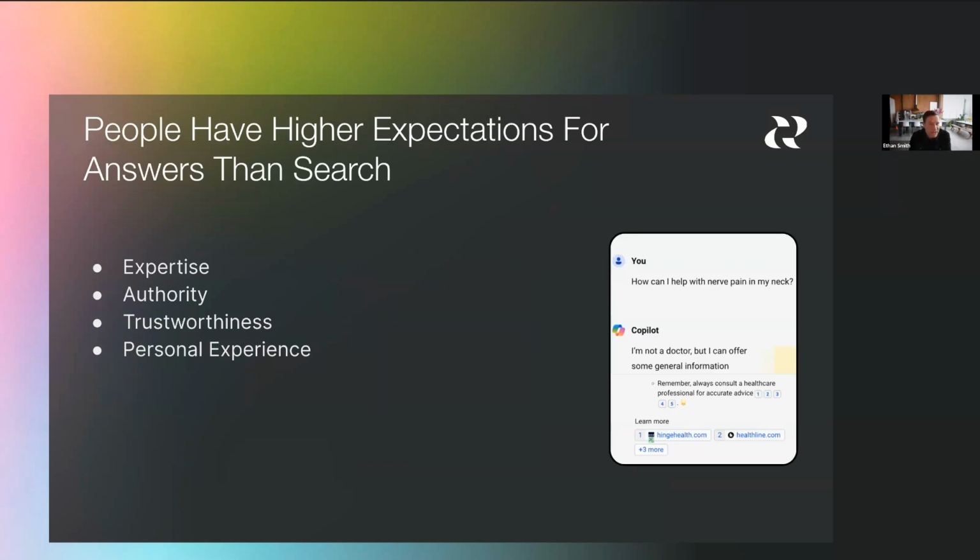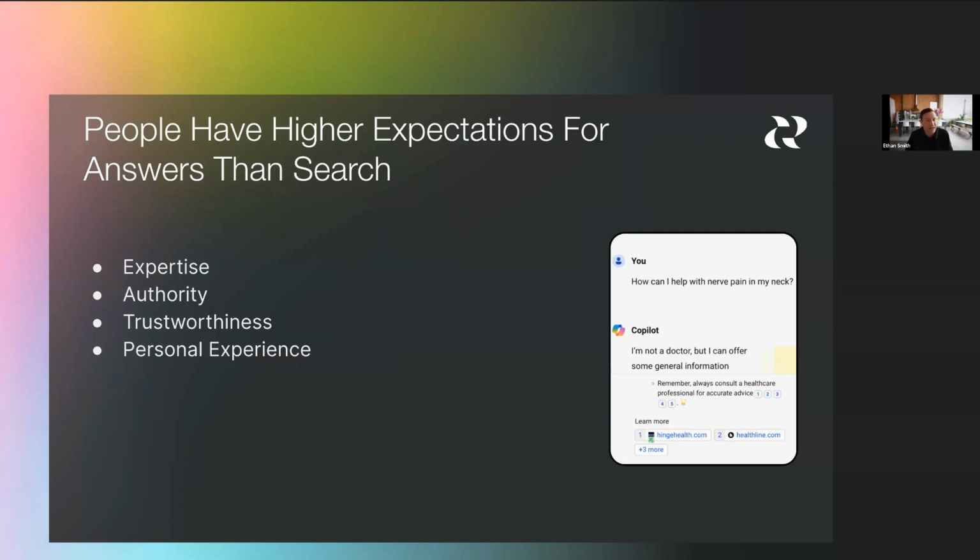So what are the citations that matter the most? Google has their expertise, authority, trustworthiness, experience. And this will matter more and more, because one reason is that you're getting a single answer. This is an example with, I have nerve pain in my neck. If you get low quality information for that and you get an answer, and the answer is basically stating, I know for sure the answer to this, and here's the answer, and you have the wrong answer, that's really bad.